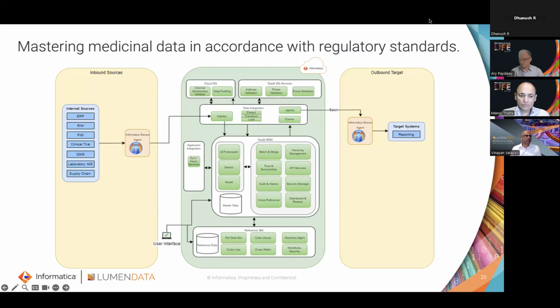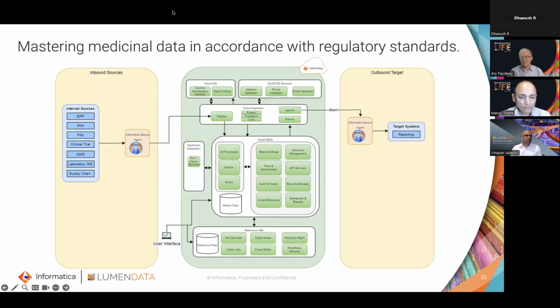Without the stakeholders' involvement, without the SMEs' involvement from each department, each system, will not lead to a right outcome. So having the business involvement is very key in discovering, identifying, and collecting the data in the discovery process.